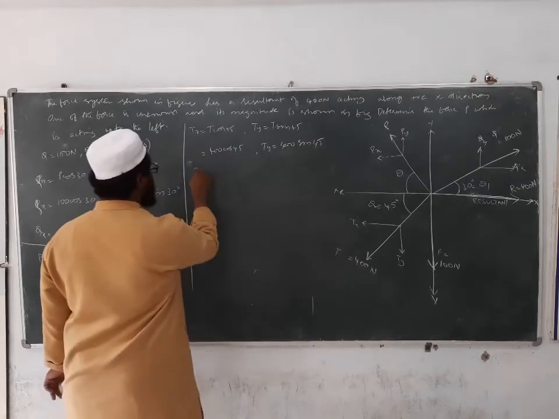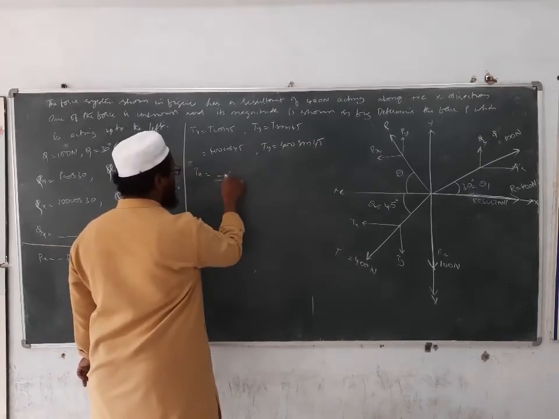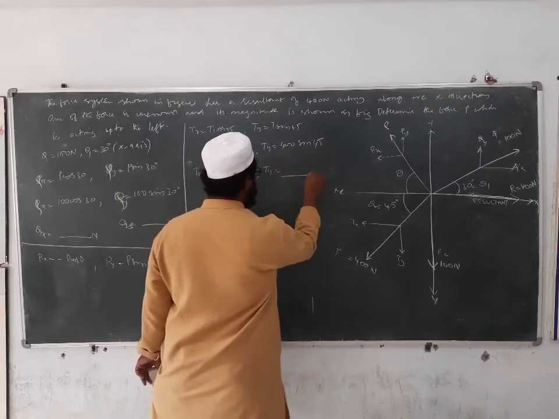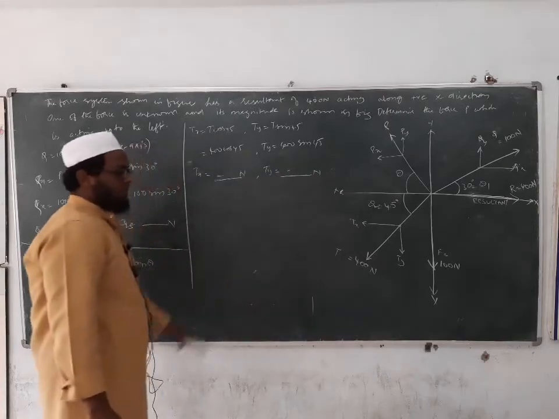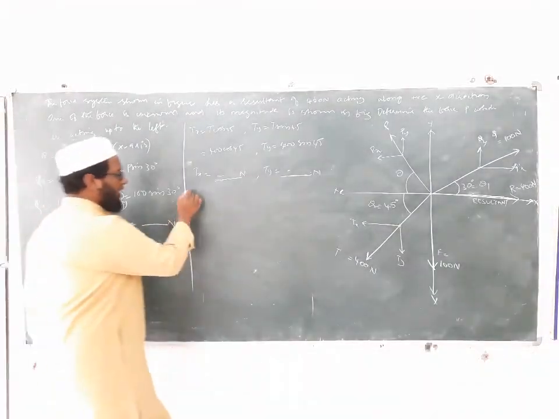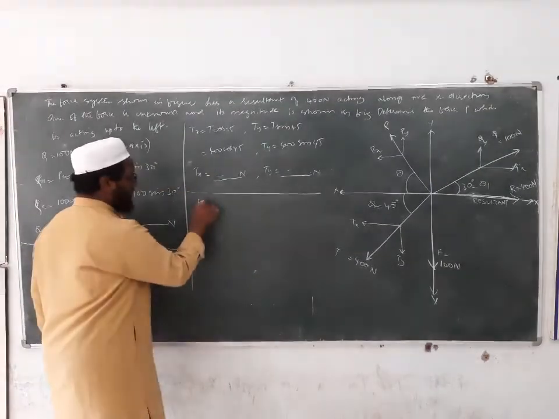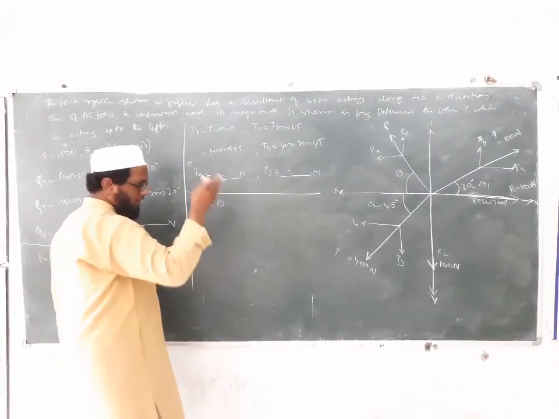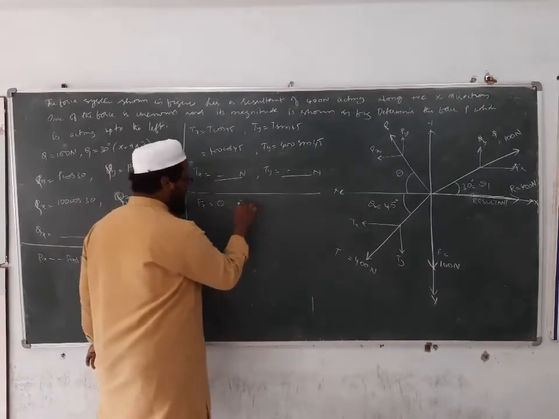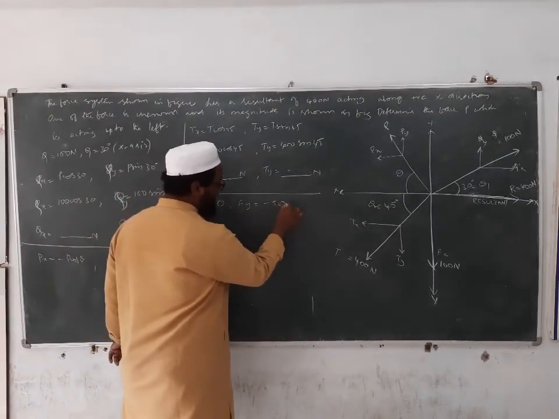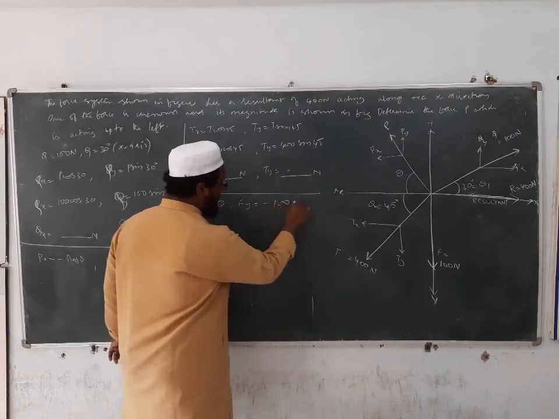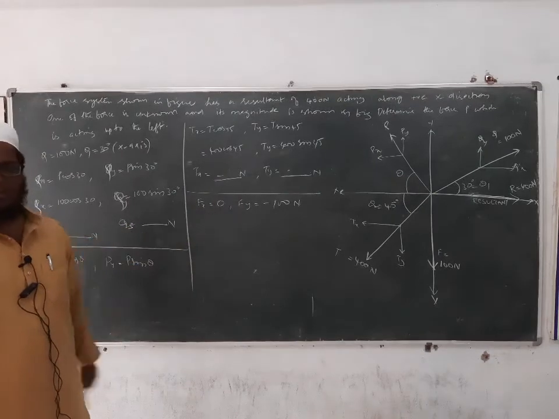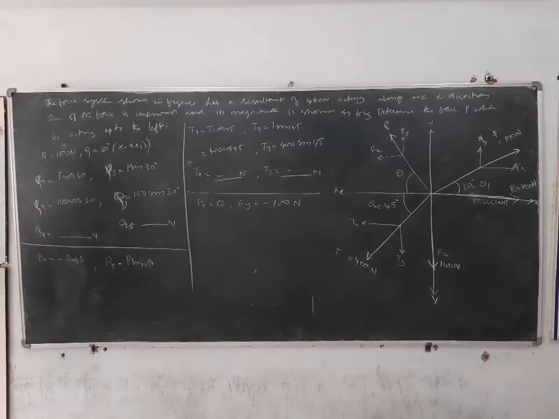Tx will be some minus value in newtons, and similarly Ty will be some minus value in newtons because it is in the third quadrant. Next we have F. Fx is equal to 0, because it is going in exactly downward direction. Fy will be minus 100 newtons, because it is going in downward direction.